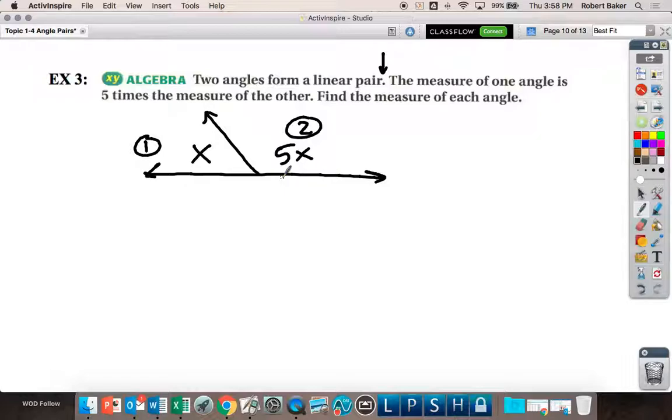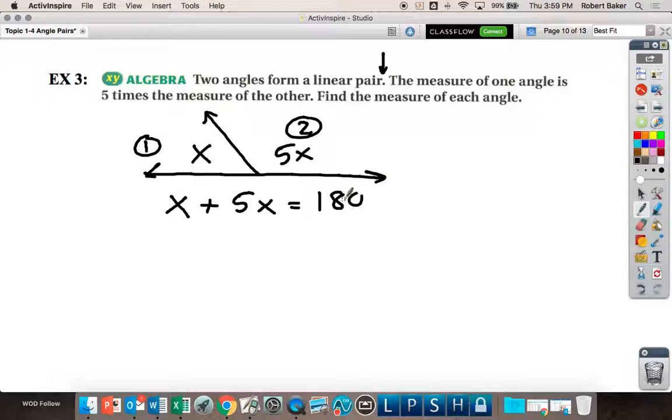Then you use all of your geometric skills to recognize that the first angle and the second angle add up to 180, because this is geometry. That is the angle addition postulate.